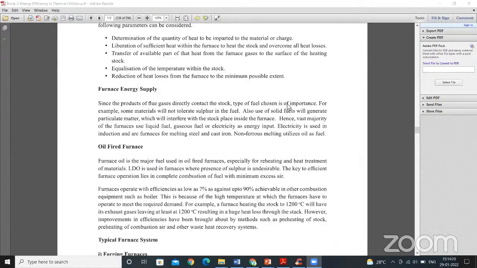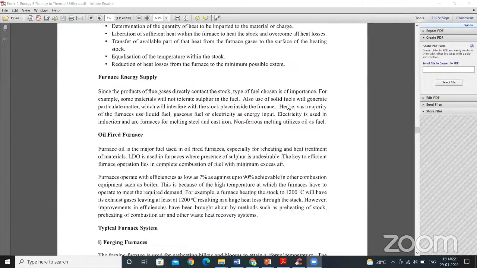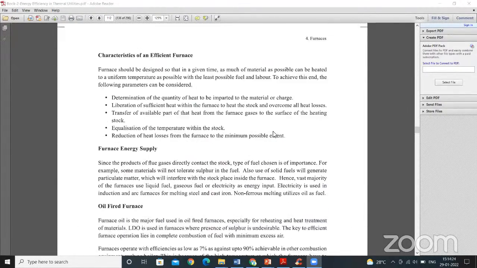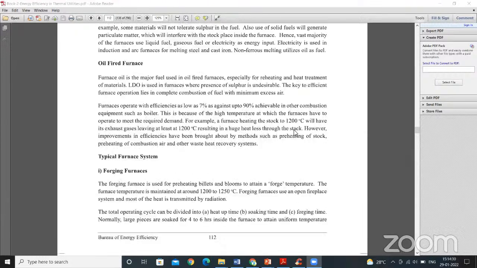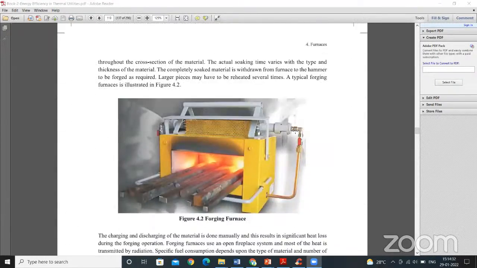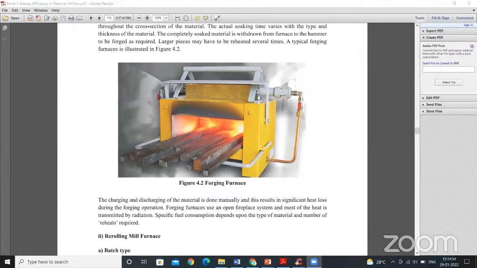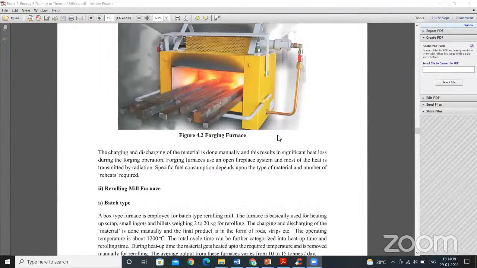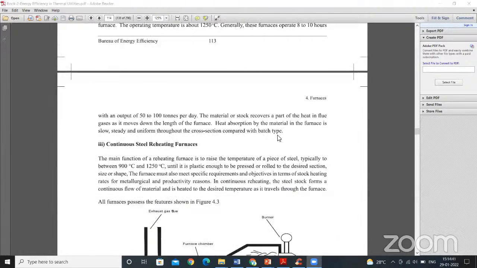Now the fuel normally used is furnace oil, then coal, then electrical furnace. Then we have other fuels also. This is the chamber in which the metal is given. This is the forging furnace. Then batch type and continuous type.